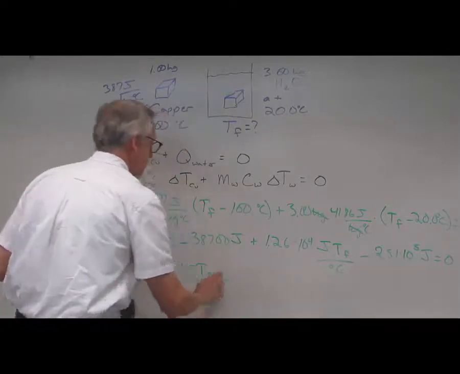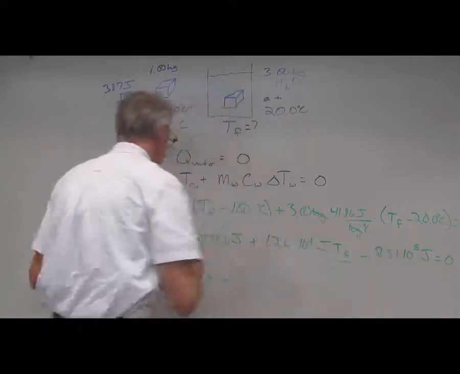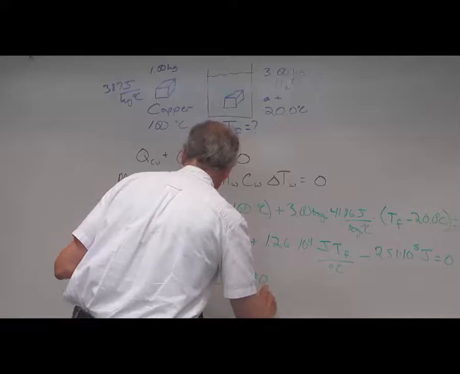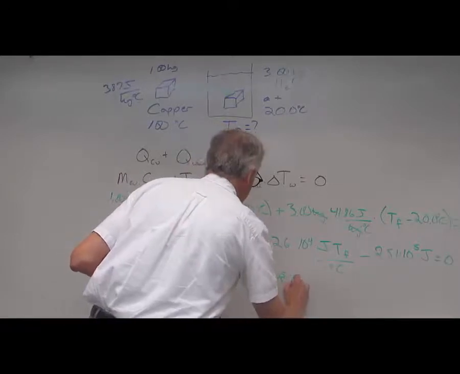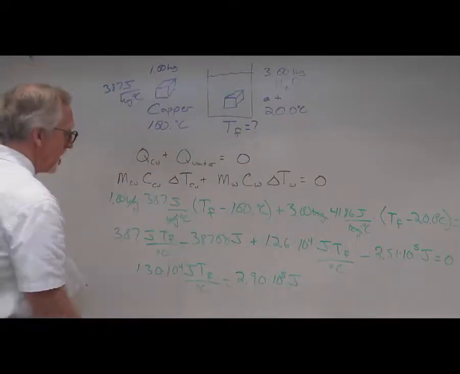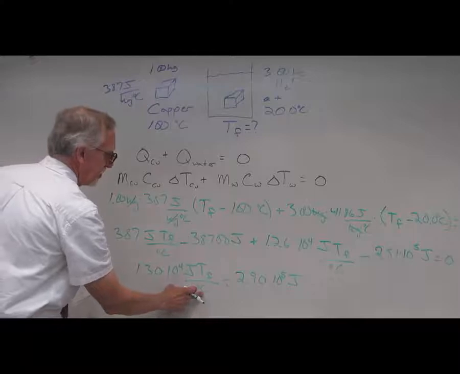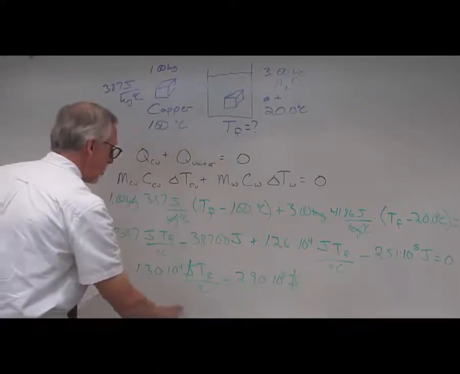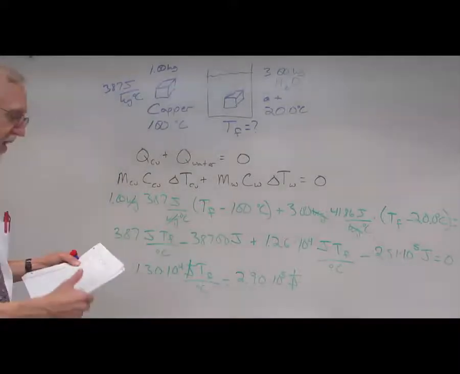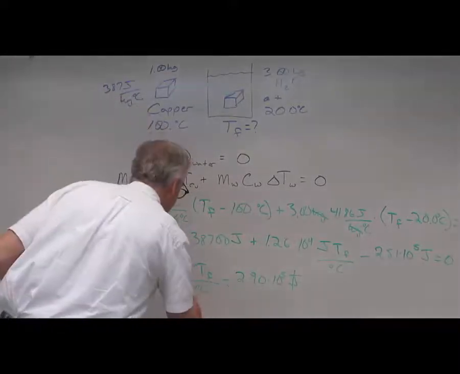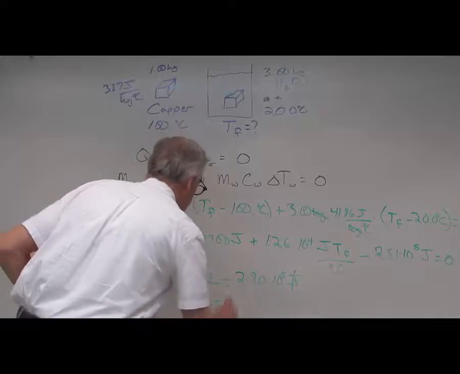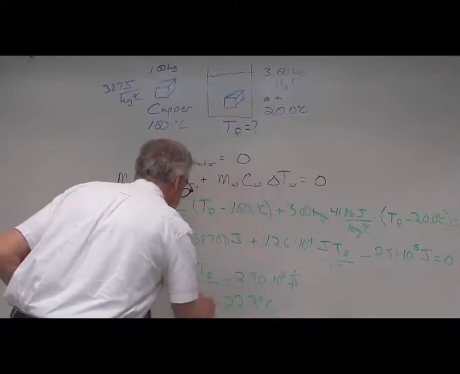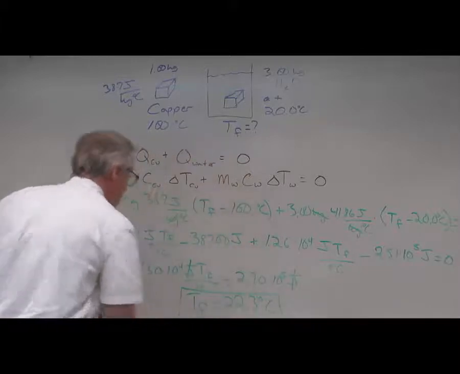And that equals, and let's take this one and that one and put it on the other side, and what do we get? 2.90 times 10 to the 5th joules. Multiply both sides by degrees Celsius, divide off the joules from both sides, divide by 1.3 times 10 to the 4th, and we find TF is equal to 22.3 degrees Celsius. And there is our final answer.